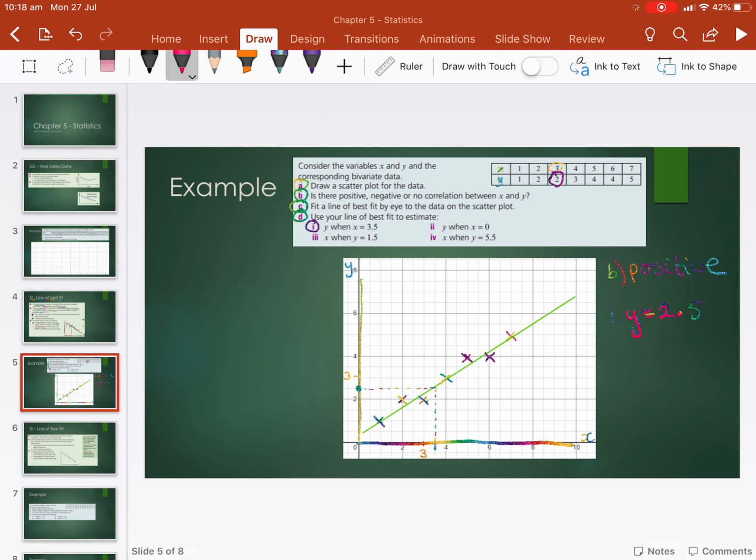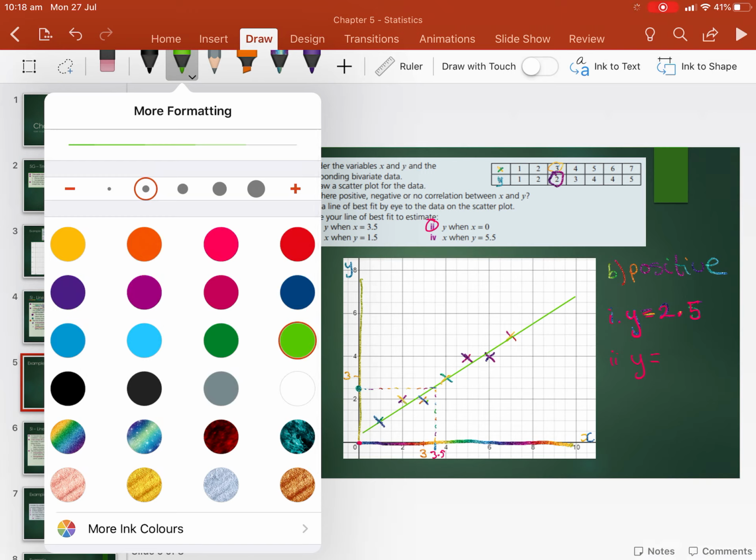Y equals 2.5 when x equals 3.5. Okay, let's do another one. What is y when x equals 0? So x equals 0 is here. What does y equal? Where does this line cross? We haven't quite gone far enough, have we?